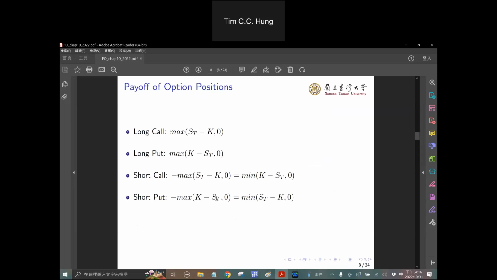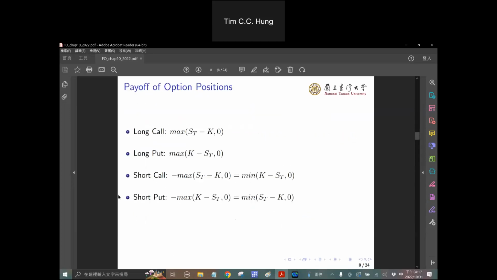So basically, if it's a negative number, then your payoff will be a negative figure. If this turns out to be positive, then you're just having a zero payoff. Once again, payoff is what we see over here. Regardless of the costs, it's what you can expect at the end of the maturity. So these are the four very useful payoff functions you're going to see a lot in the following few chapters.